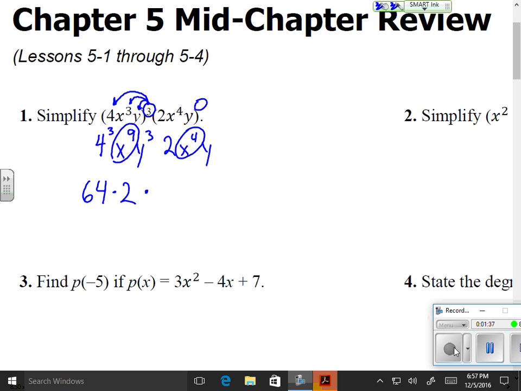We'll add the exponents in that situation, the x to the 13th, and then y to the 3rd times y will become y to the 4th. You implied 1 there, so 3 plus 1 will give you 4, and then we would need to finish out the simplification by multiplying 64 times 2 be 128, x to the 13th, y to the 4th.